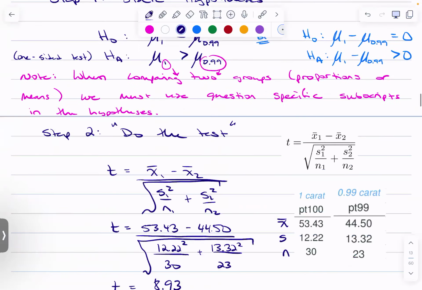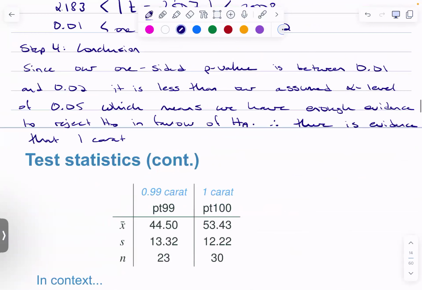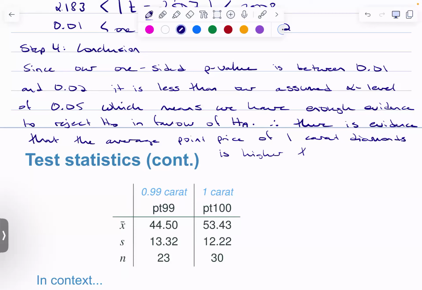Yeah. Which would translate to 1 carat diamonds being more expensive, but there is evidence that the average point price of 1 carat diamonds is higher than 0.99 carat diamonds.